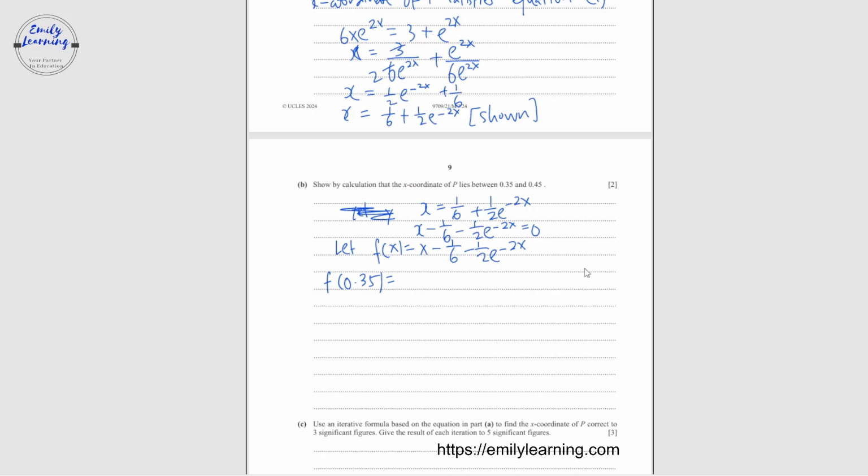It will give me around negative 0.282. Next, I have f(0.45). What does it give me? So I'm going to sub in 0.45 into this here.